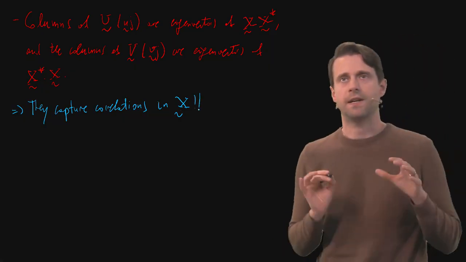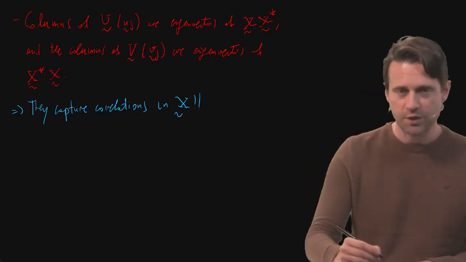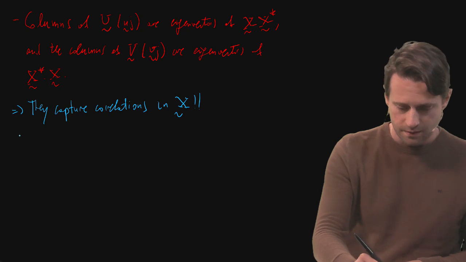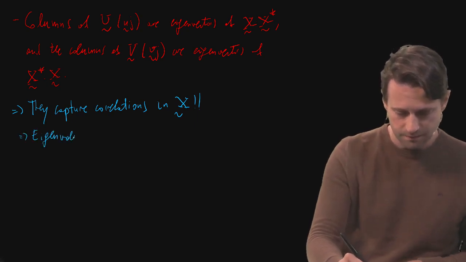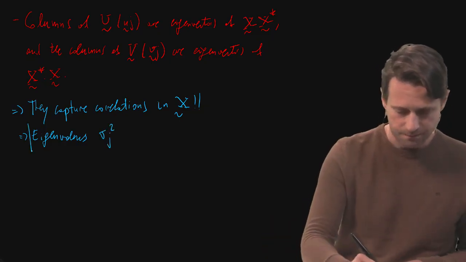In particular, there is a very nice connection between the singular values and the eigenvalues. We mentioned it a little bit in the last video, but today we emphasize it a bit more. They are basically related to the eigenvalues, which are sigma j squared.